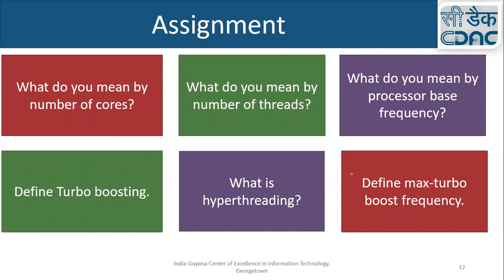So you have 2 cores, but due to hyperthreading, the number of logical processors becomes 4. So that is the meaning of number of threads: the maximum number of instructions you can execute at a single point in time.